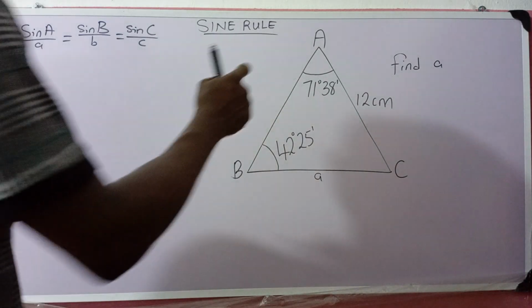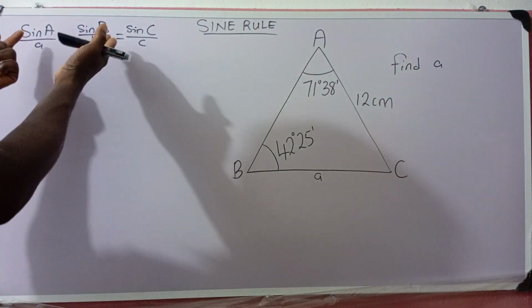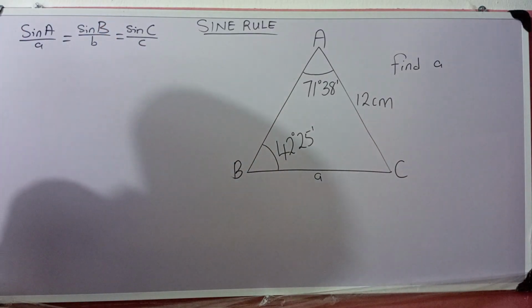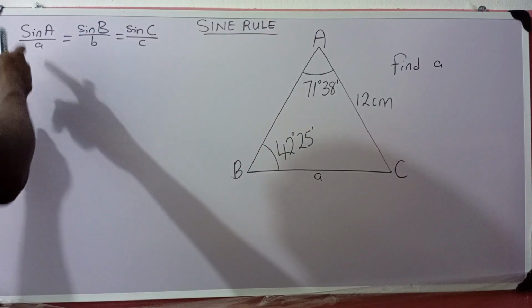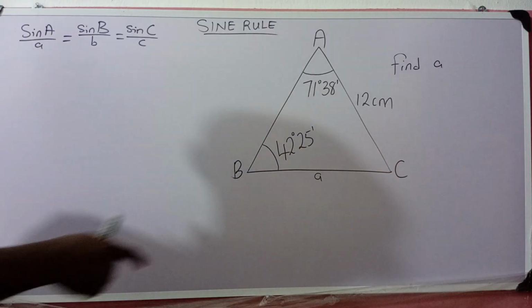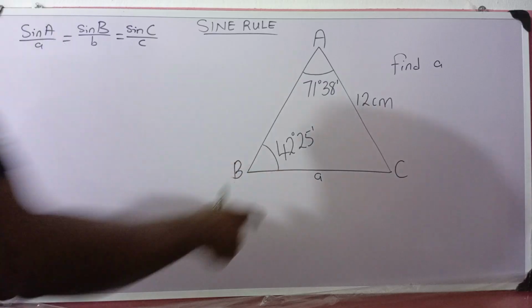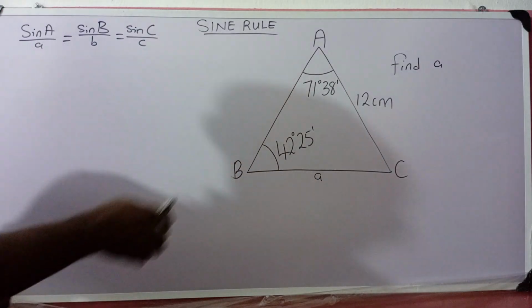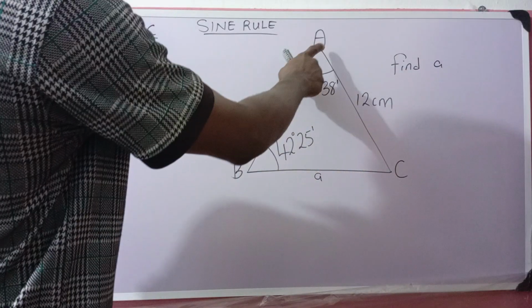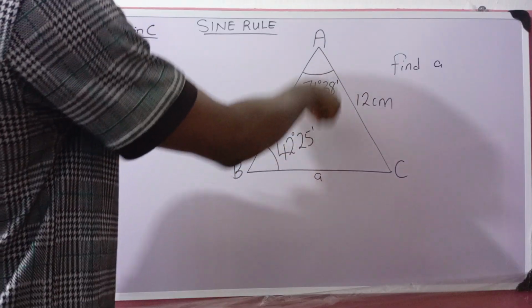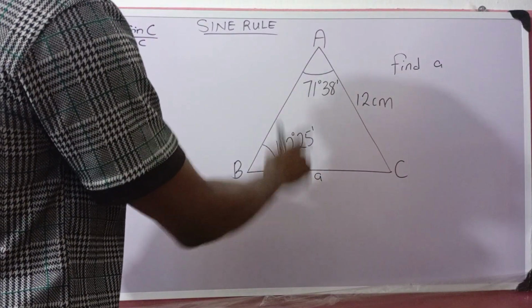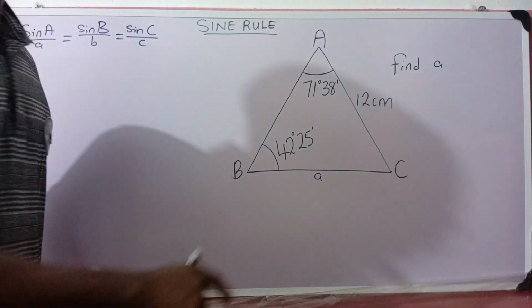All right, so to solve this using sine rule, this is the formula that depicts sine rule, such that we have it in terms of the ratio of the angle to the side corresponding to that particular angle. So in such a triangle, the capital letter represents the angle, then the side facing the angle is the small letter of that particular angle in question.